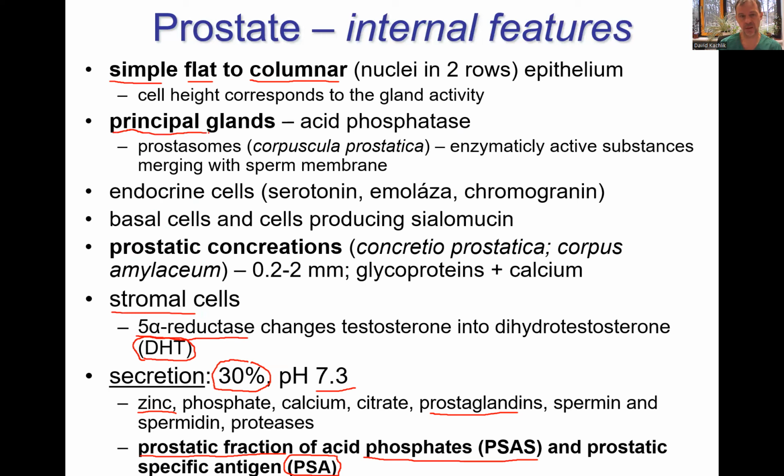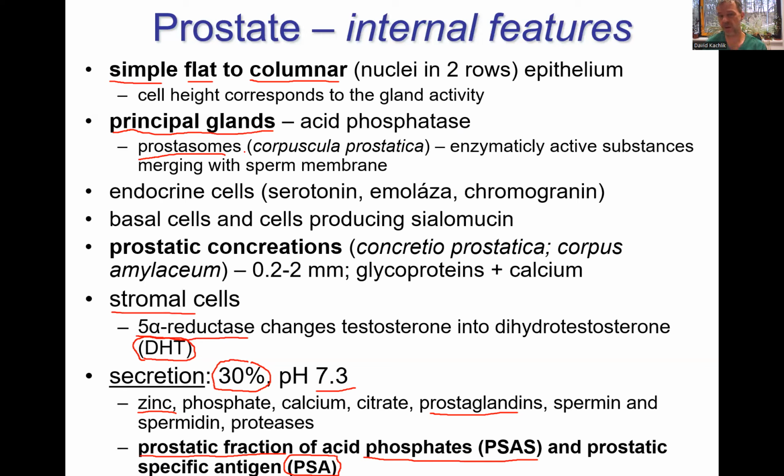So these glands contain these main cells. The main cells produce prostasomes, and prostasomes are vesicles containing enzymes which merge with the sperm membrane to help to activate them as well.